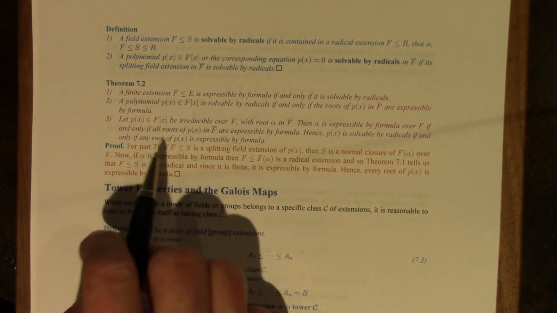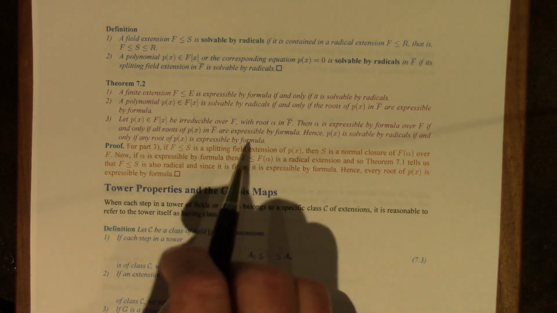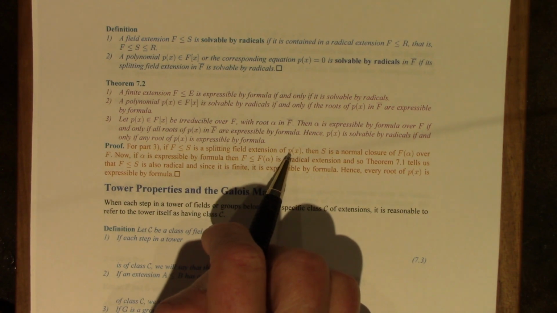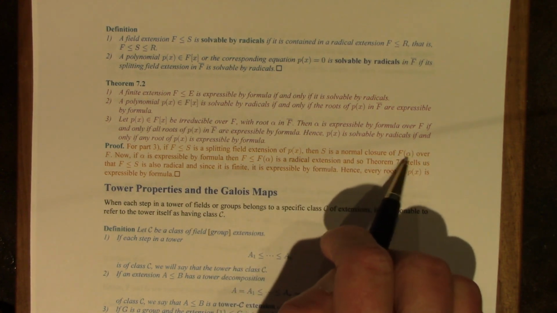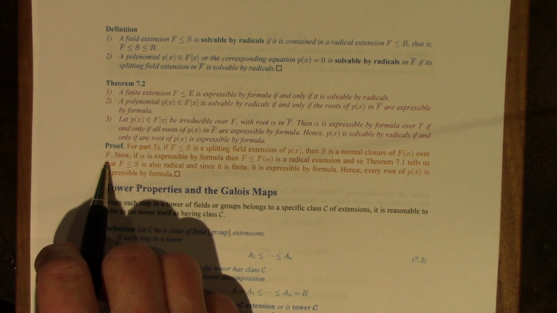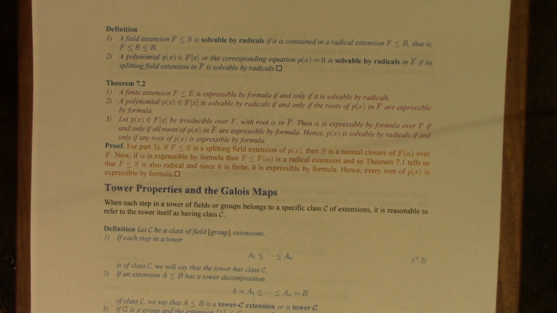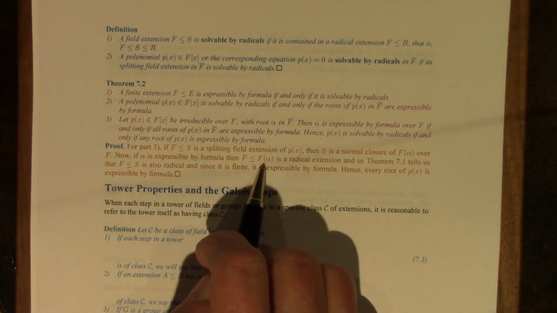As to the proof for part 3, if FS is a splitting field extension for p of x, then S is a normal closure of F with alpha adjoined over F. Now, if alpha is expressible by formula, then this extension is a radical extension.